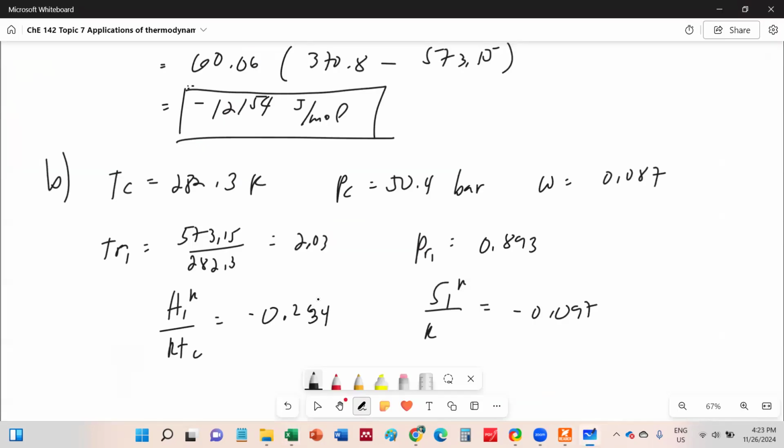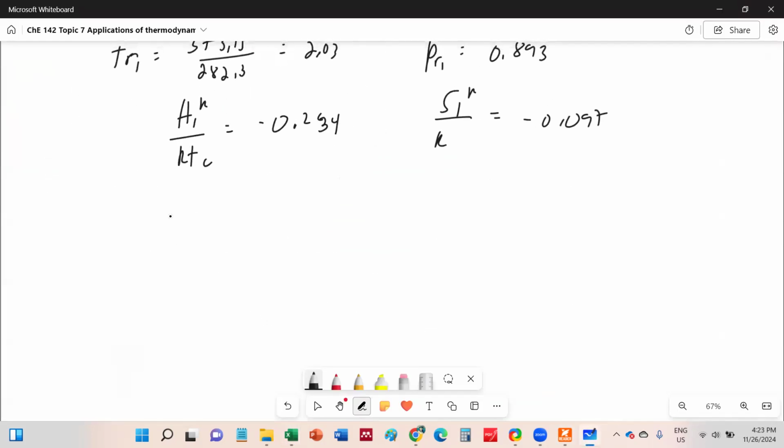Now we calculate for the H1R and S1R by multiplying with the denominator from the other side of the equation. What you will get are these values. Negative 549 joules per mole.